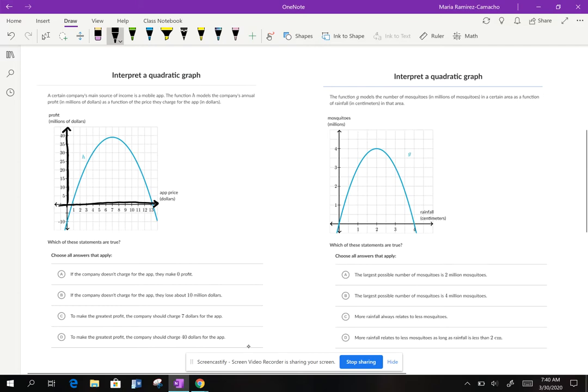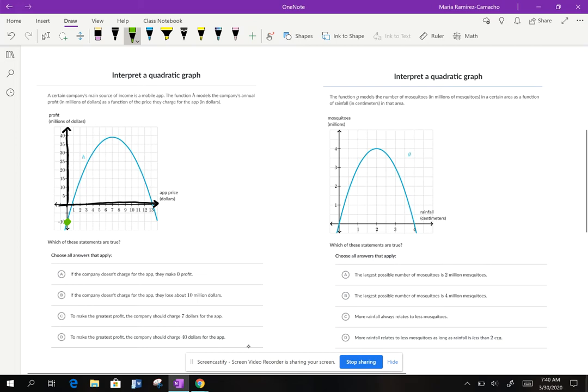If the company doesn't charge for the app, they make zero profit. Well, let's see. What does the company make if they charge $0 for the app? Well, if this x-axis is the app price, then $0 for the app price, that would give us this point. Let me use a different color. Okay.